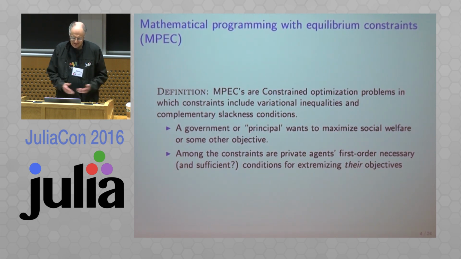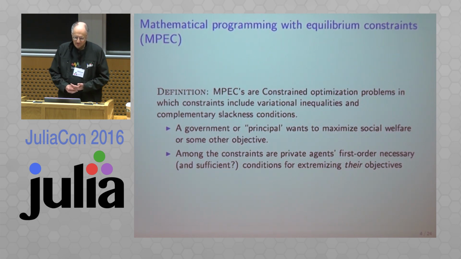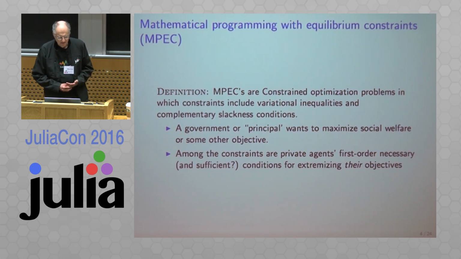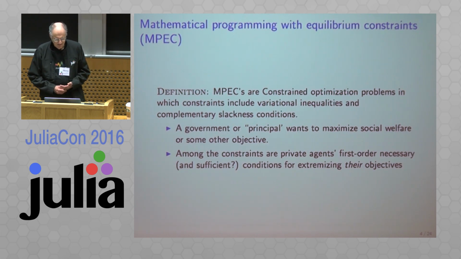Some mathematicians recently gave this a name; these people aren't economists. It's going to be mathematical programming with equilibrium constraints. If you Google it, it's called MPEC. So here's a definition. A mathematical program with an equilibrium constraint is a constrained optimization problem in which the constraints include variational inequalities and complementary slackness conditions.